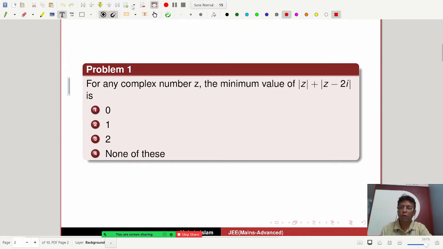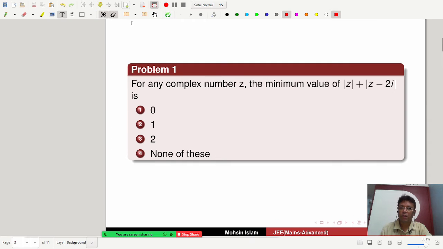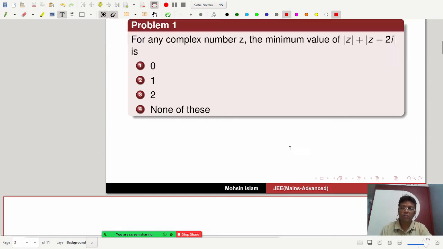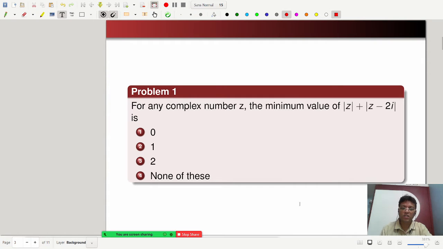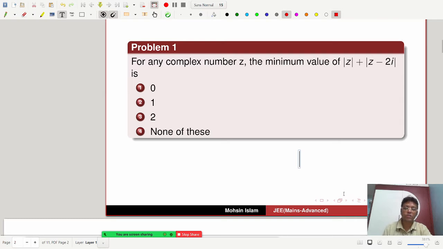Modulus of z represents the distance of the complex number from the origin. Modulus of z is root over x square plus y square, and obviously the same representation holds for modulus of z minus 2i.